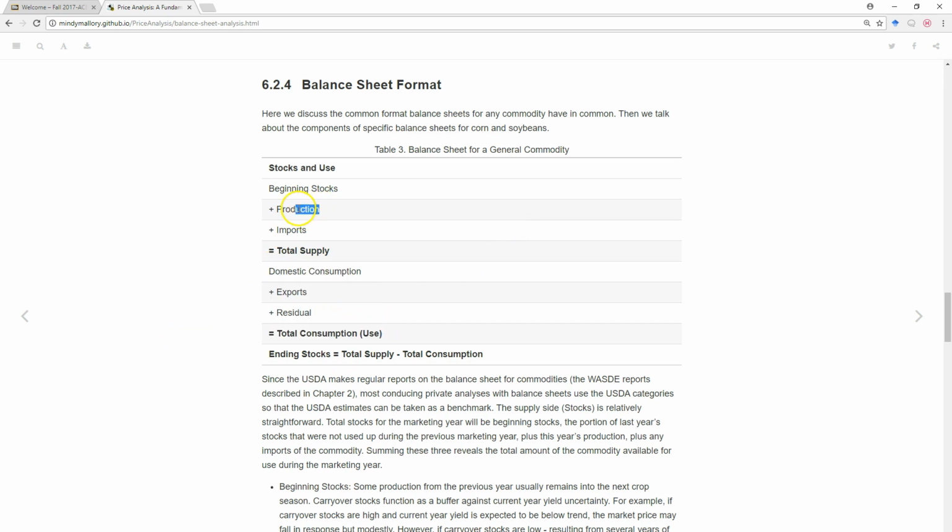So supply, let me highlight this here. Supply is made of 3 different components. One is this thing called beginning stocks. Beginning stocks is simply any of the commodity that we produced last year that we did not consume, and it's still in storage available to consume into the next marketing year. It's almost always the case that we carry some considerable amount of stocks from one crop year to the next.